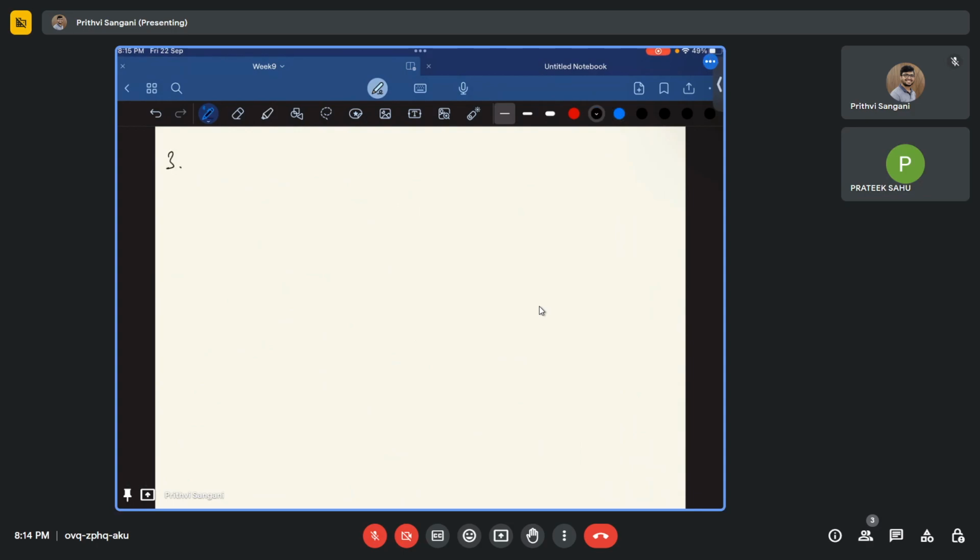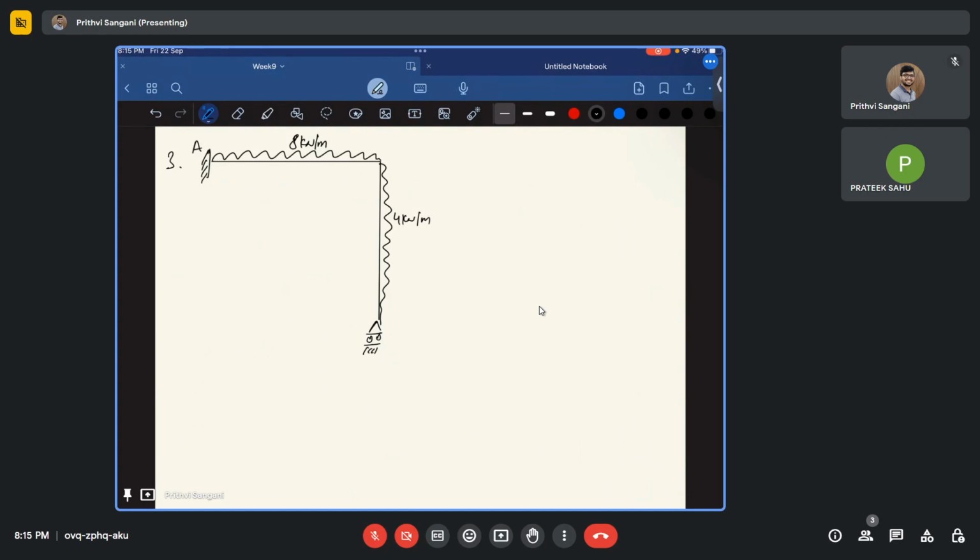This is a frame. We have a frame something like this. This is a fixed support. There is a UDL of 8 kilonewton per meter, and this is 4 kilonewton per meter.